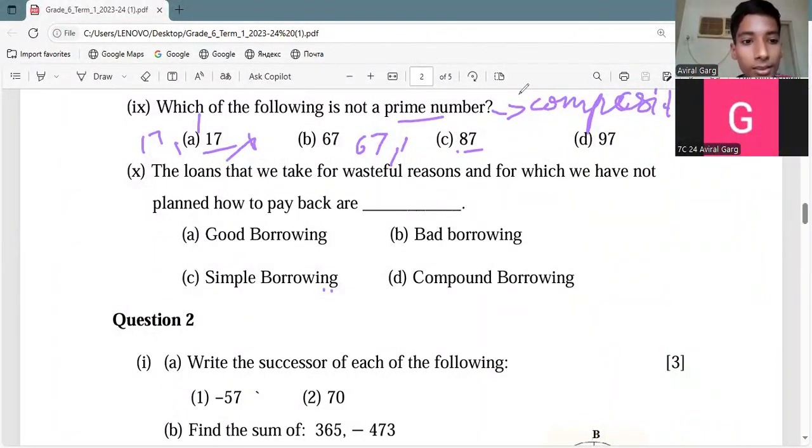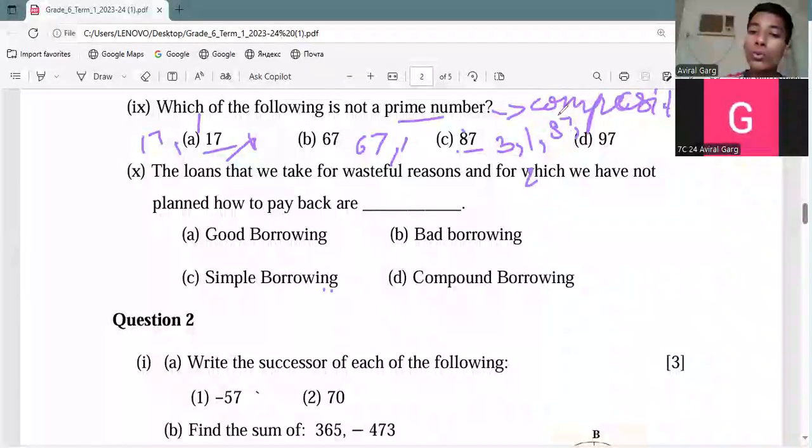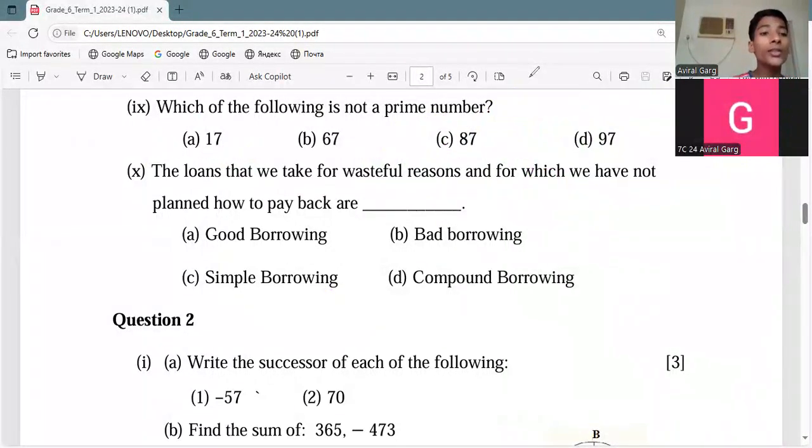The divisibility rule of 3 is that the sum of digits should be 3 or a multiple of 3. 8 plus 7 is 15, and 15 is a multiple of 3. So 87 is a multiple of 3, and 229 is not. We got one composite number, so this is the correct answer. Clear? We have to find the factors carefully. Use the factor tree method.